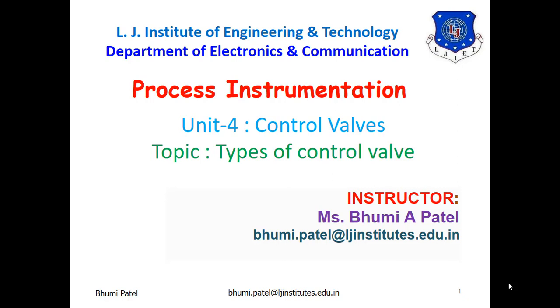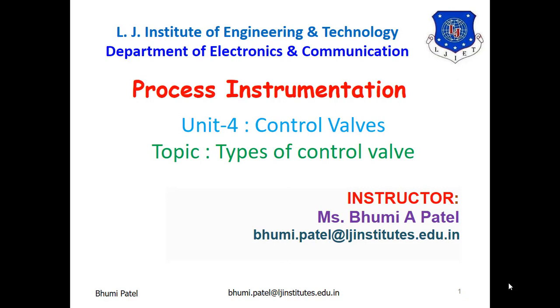Today we are going to discuss the types of control valve, unit number 4, control valves. In the last session we studied the definition of control valve and the different classifications of control valve.